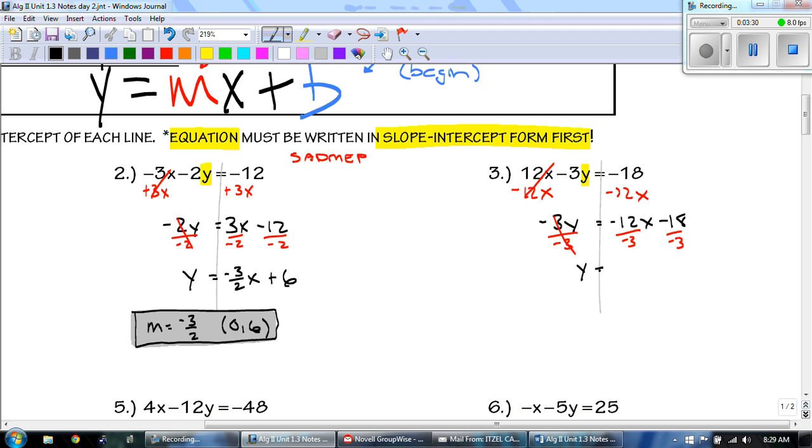And we get y equals, sorry, -12 divided by -3 is a +4x. And then -18 divided by -3 is a +6. Okay? So my slope is 4, and you can say that's 4/1. But if you want to say it's just 4, that's fine. And then our y-intercept is (0, 6).